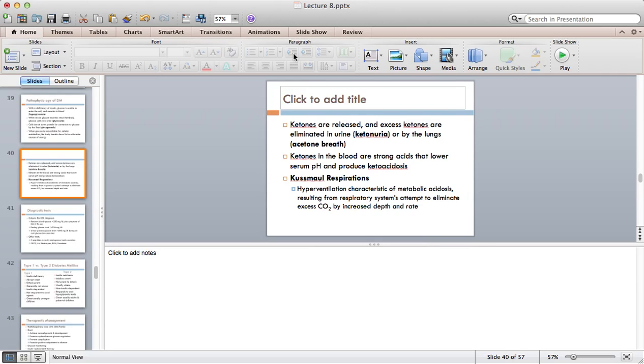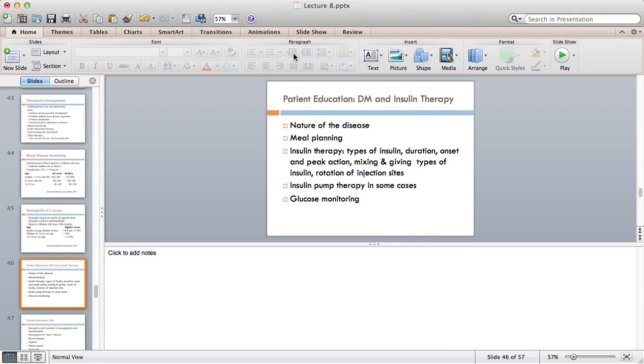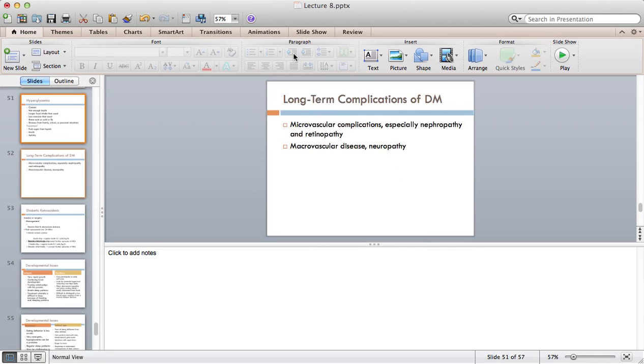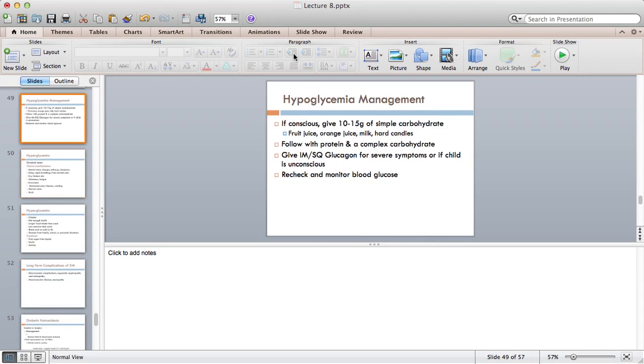So that's basically what happens in any type of diabetes mellitus, and basically that's it. So how do we diagnose it?